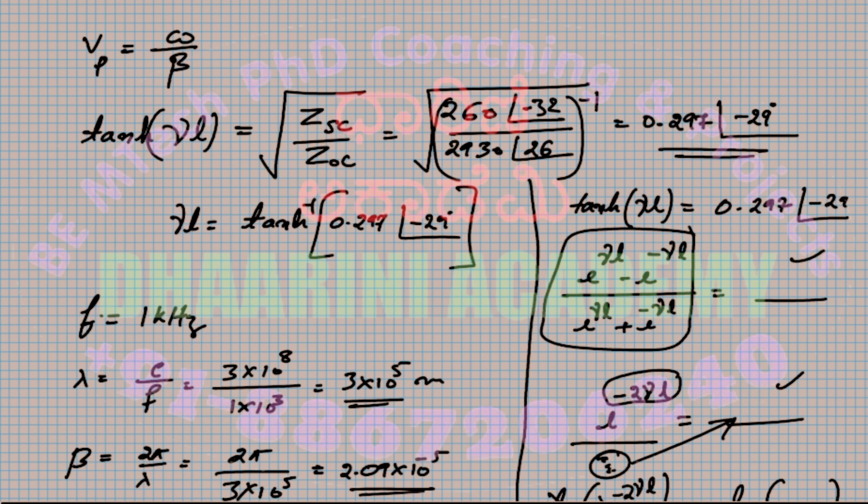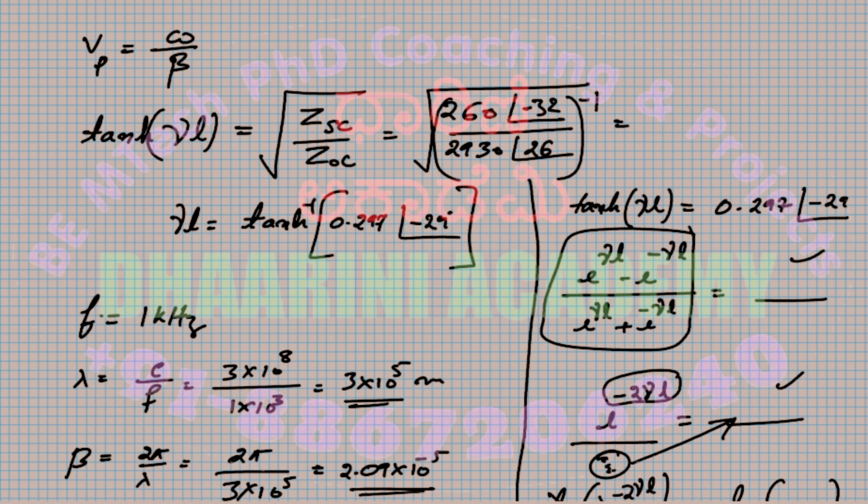Is that okay? Now you tell me the exact value you get, and I'll update. Okay, 3.35 at an angle of 29 degrees. So that means I don't need this anymore.